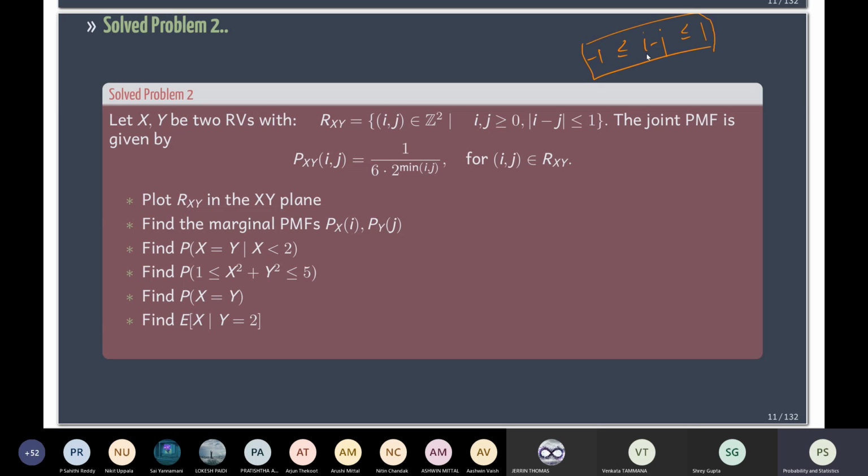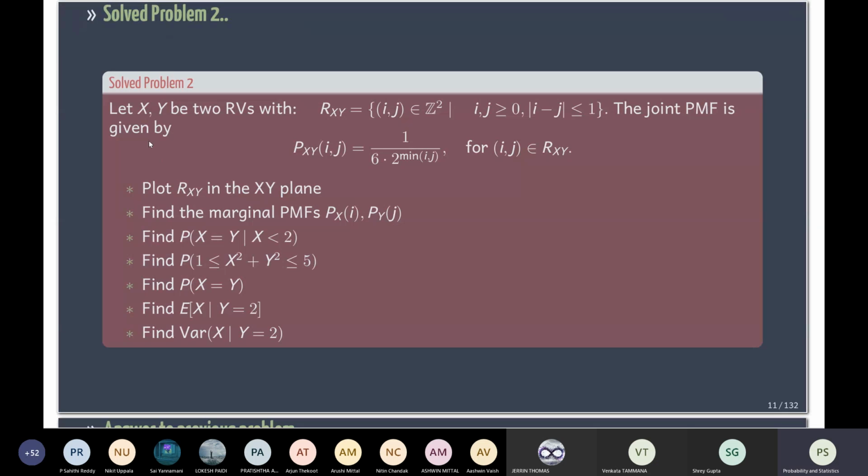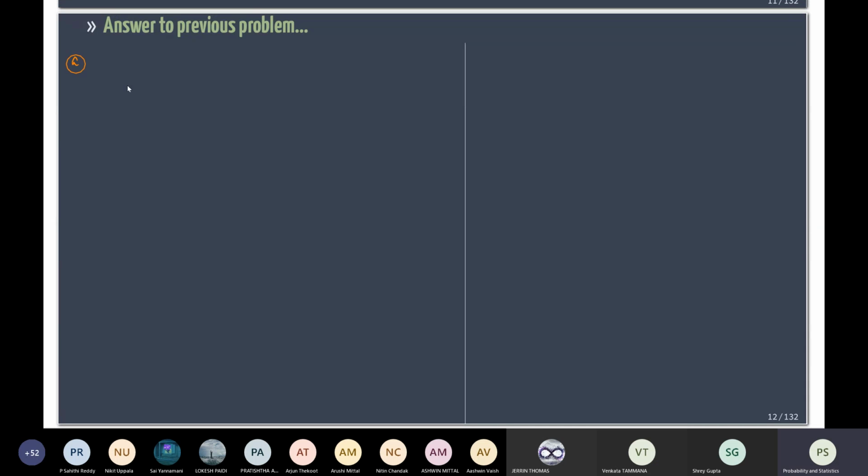So this gives us a hint of what those points are that satisfy this condition. So let us see that. The first thing is to plot, so what we have is the following. We have these lattice points we need.